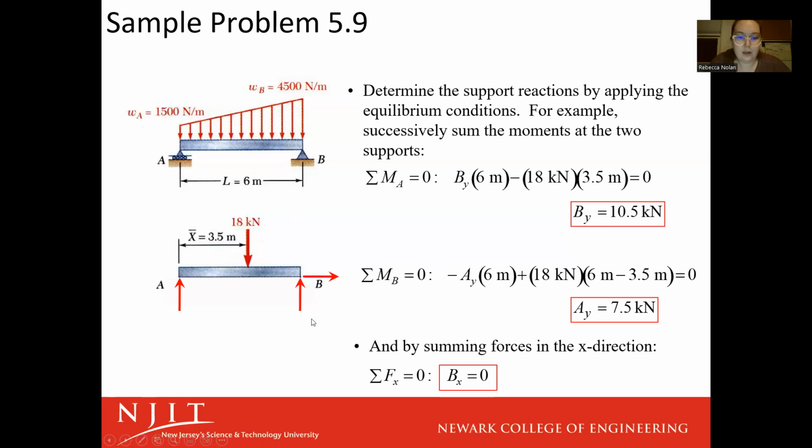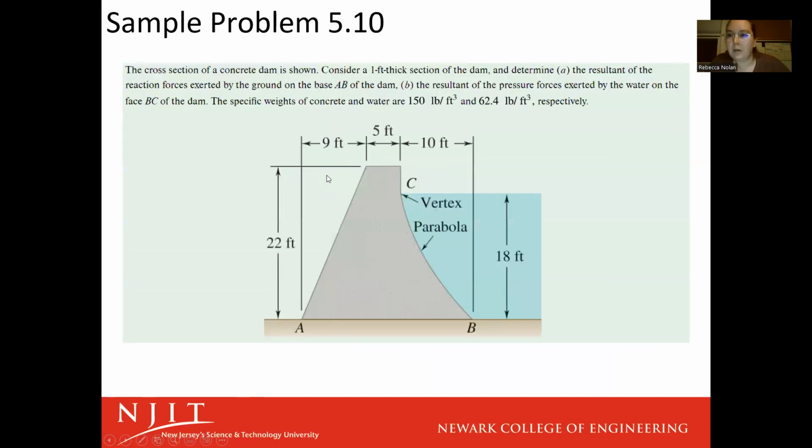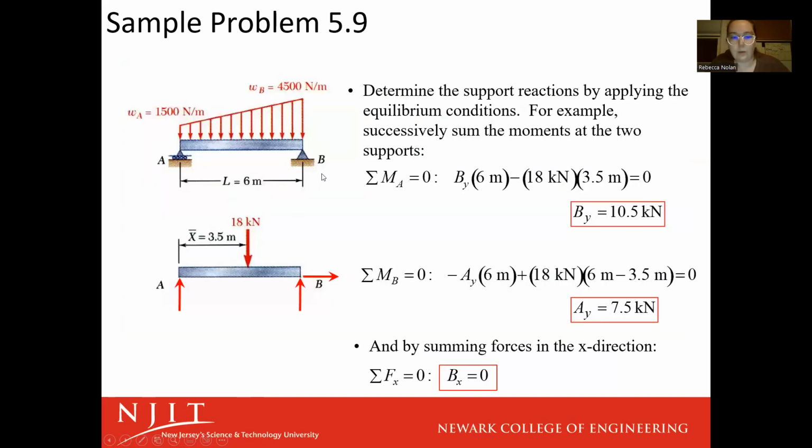It's going to be Ay minus 18 plus By, which we end up getting to be this value. So we're going to end up with the same Ay of 7.5. So pick an approach that you feel more comfortable with, just to minimize what kind of error we might get with it, right? Are there any questions here?